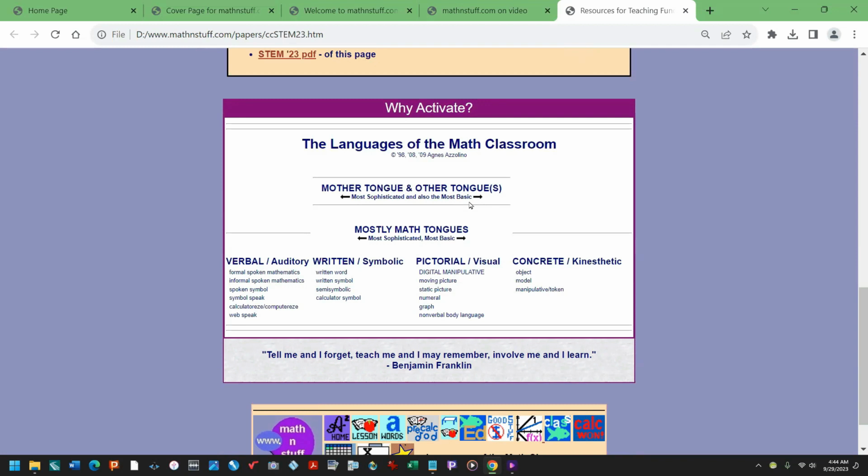A mathematician who is versed only in formal spoken mathematics and formal, written, symbolic mathematics may not address the learner who is accustomed to doing things with their hands and not writing things down, just either working with their hands or seeing in a picture.